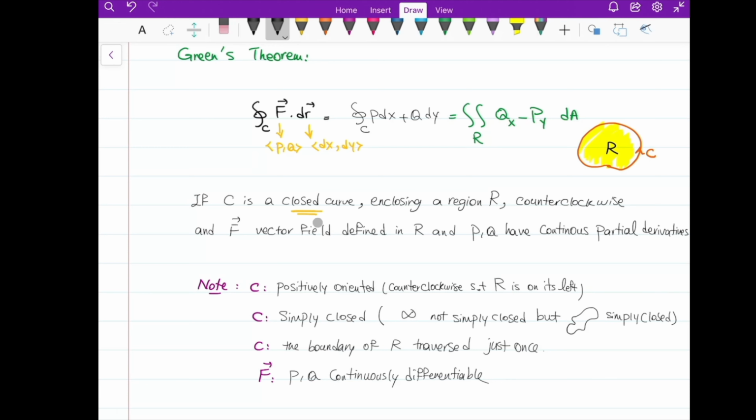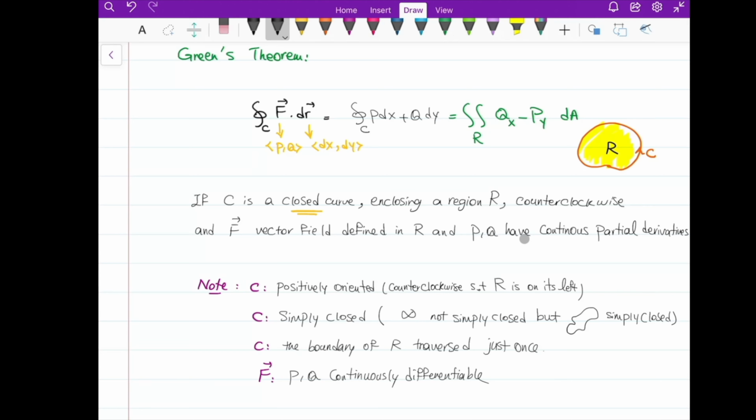Okay, so we should check all these criteria to be able to use Green's theorem, but for the sake of this course, we don't pay attention to these advanced notations. We just care that the curve C should be closed, it should include the region R, it should be oriented counterclockwise, and the vector field should have partial derivatives that are continuous.